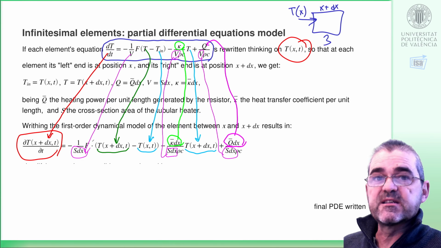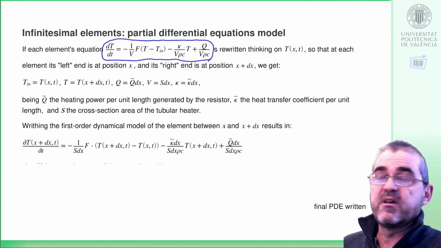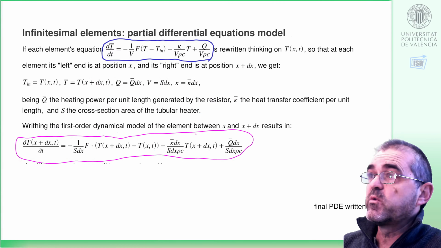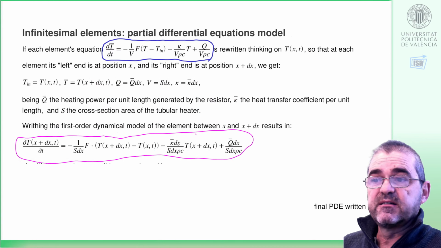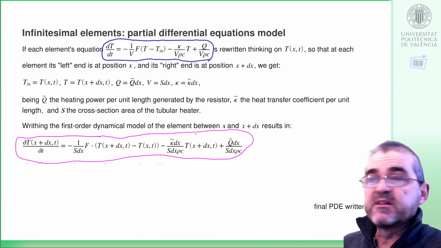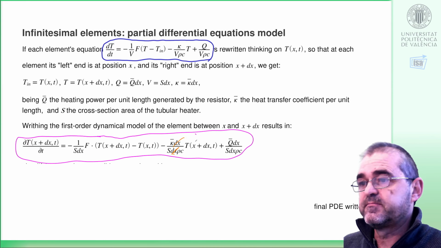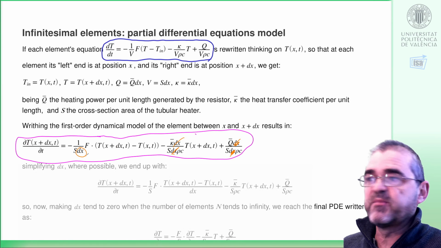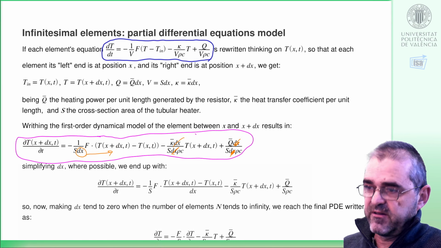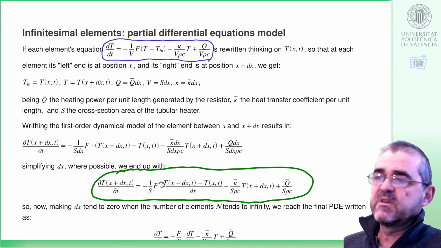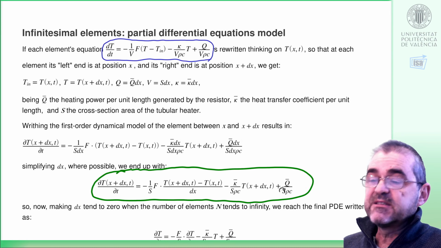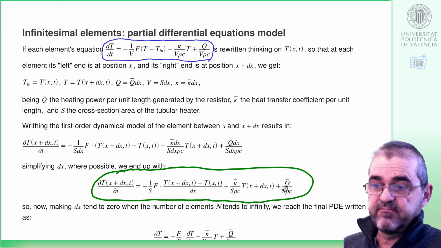So after all these notational changes, the equation of a finite element is changed to this one, and now we can simplify dx in some places, like here and here, here and here. We also can put this division by dx, dividing there. So this is the final equation. We end up with our element still finite.